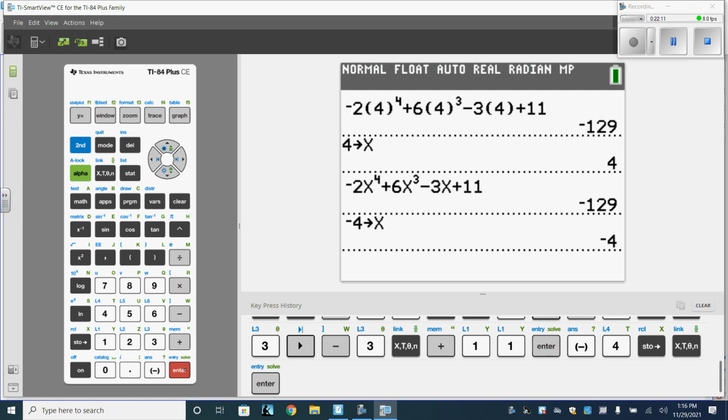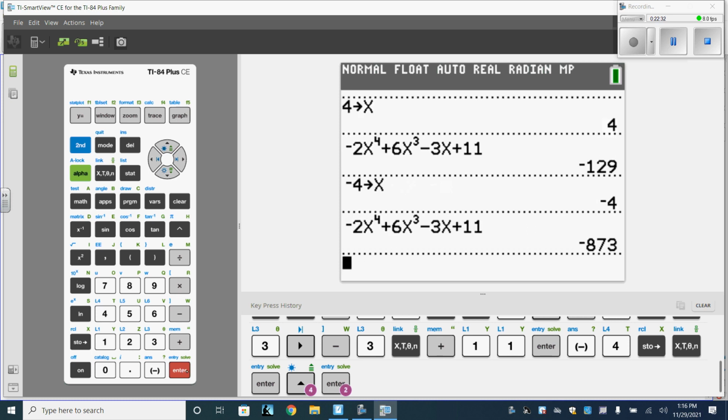Well, now what's the value of X? Negative 4. It's easy as negative 4, yes? Now, I could go back and type the whole thing in. As we've seen with the calculator, if I cursor back up to highlight the problem and hit enter, it brings it back down, yes? And if I hit enter again, negative 873.